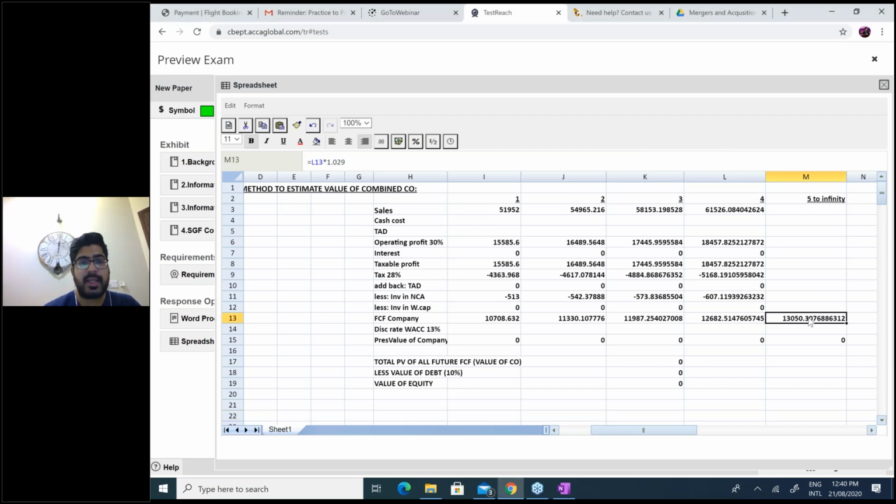M13, and I have opened the calculation. It's just that after the 4-year period, the revenue is increasing by half. So revenue was 5.8% growth, so half the growth rate means 2.9%.